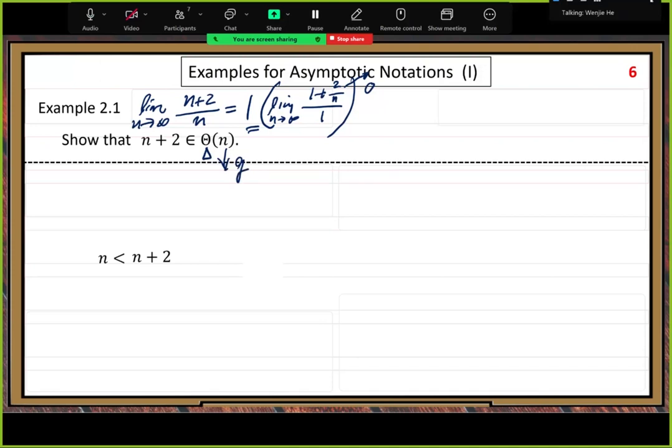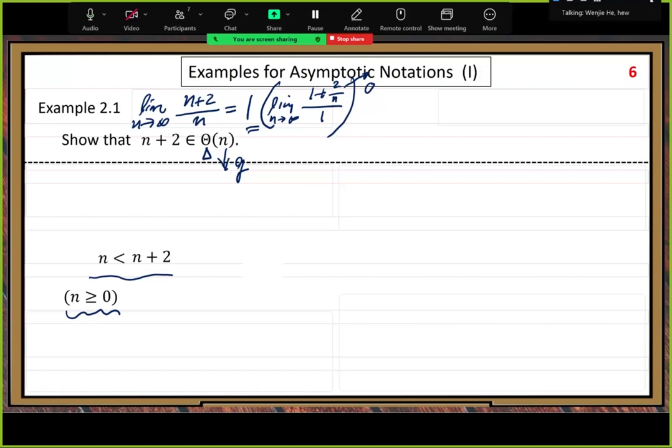Here you can see this inequality holds when n is greater or equal to 0, because in this class our n is always greater or equal to 0. We do not consider n negative. N is our problem size, and the problem size can never be a negative number.